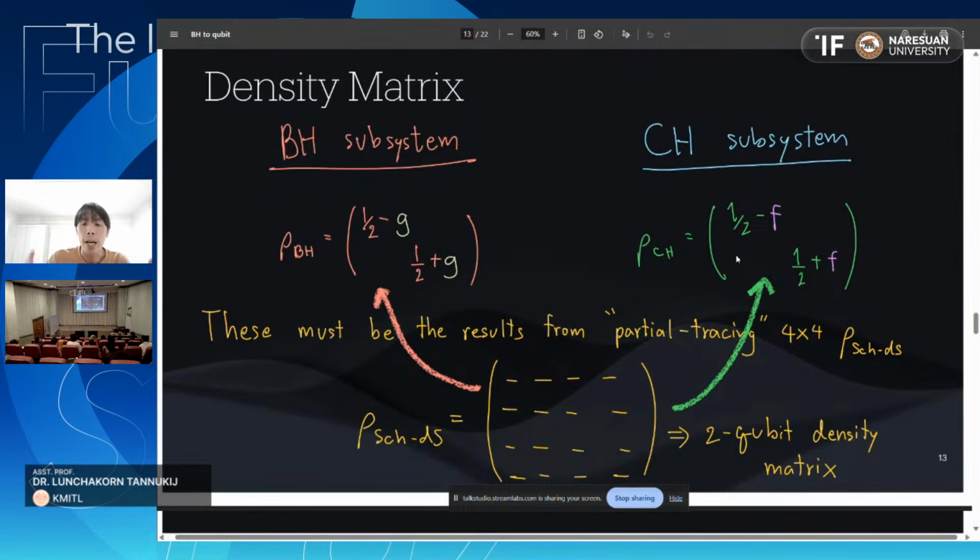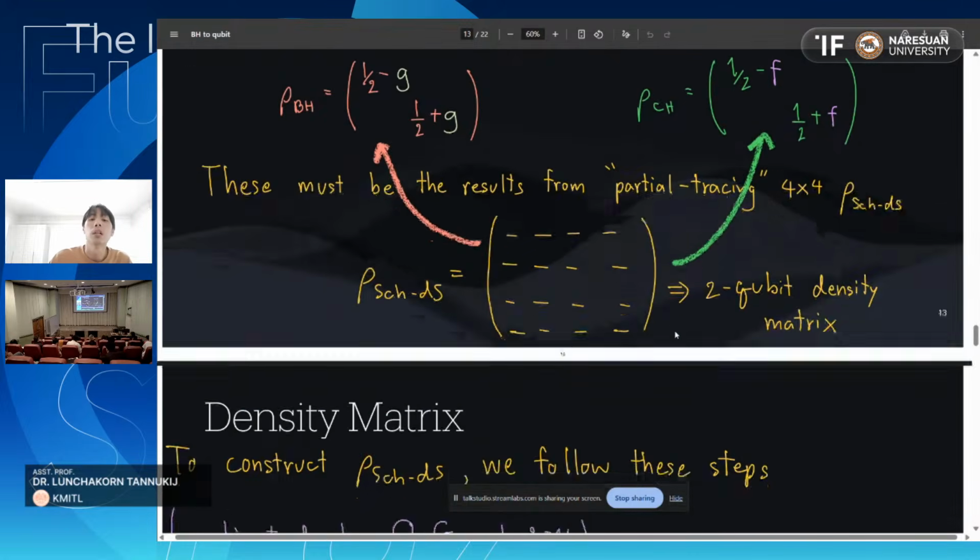So even though I have the reduced density matrices, rho BH and rho CH, even though I can construct some kind of a total density matrix whose partial traces give the smaller density matrices, it turns out that there are many, many ways to construct a total density matrix whose partial traces are just what we want. There are so many ways.